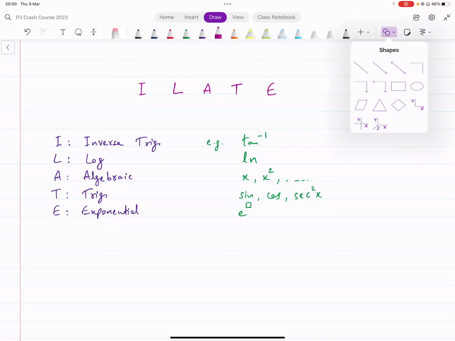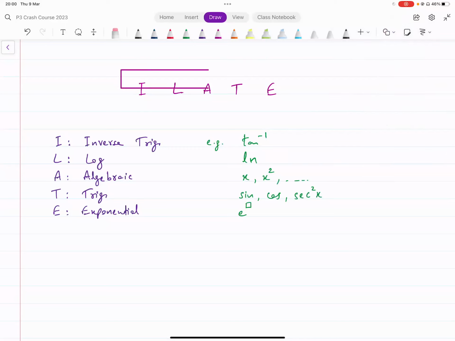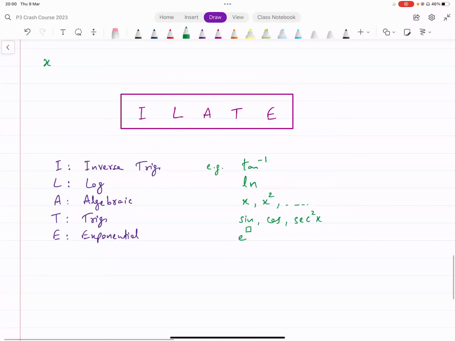Now, what you'll do is remember this sequence of letters, and you are going to have two of these functions at a time, okay? So in the example that we did earlier, x e raised to power 2x, or we could also write it as e power 2x into x. How do we decide which one to take as u and which one to take as dv over dx?